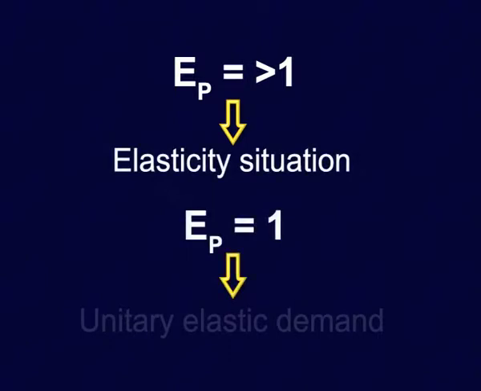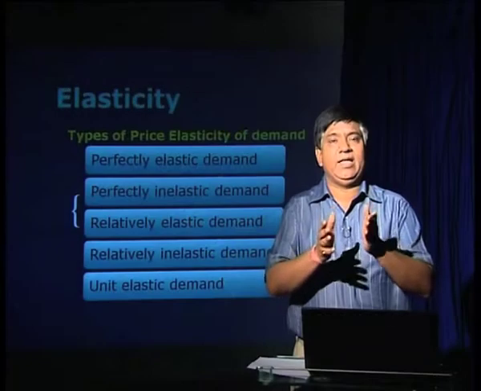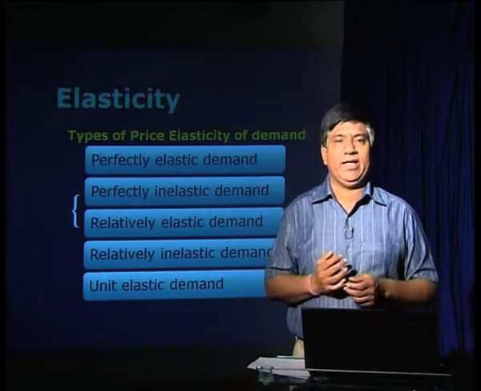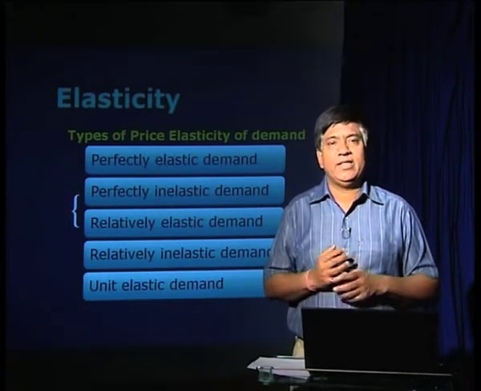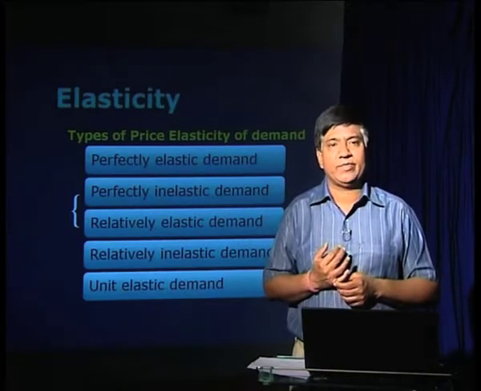If EP is equal to 1, then it will be unitary elastic demand. Elasticity of demand is judged mainly in relative terms, that is, relatively more inelastic or relatively more elastic.